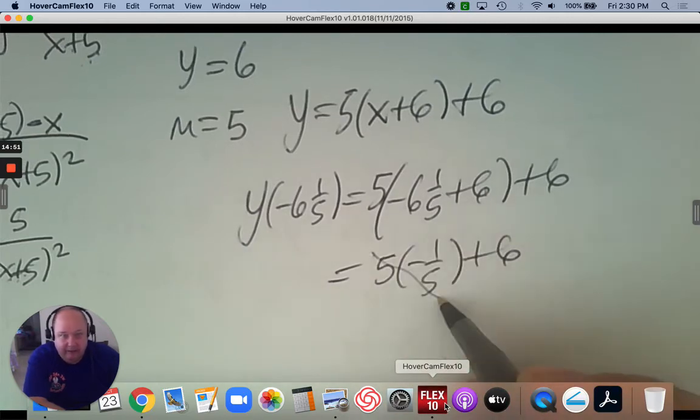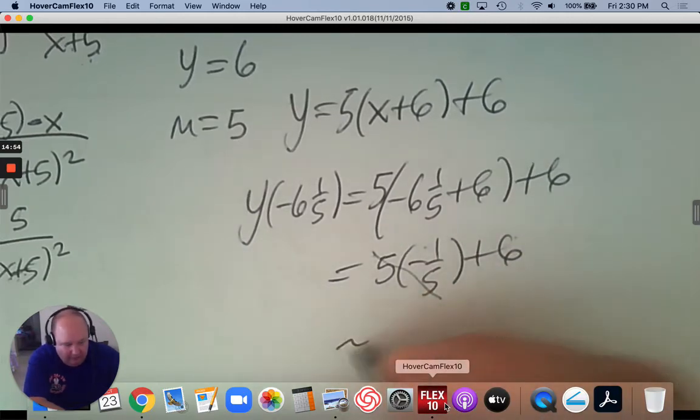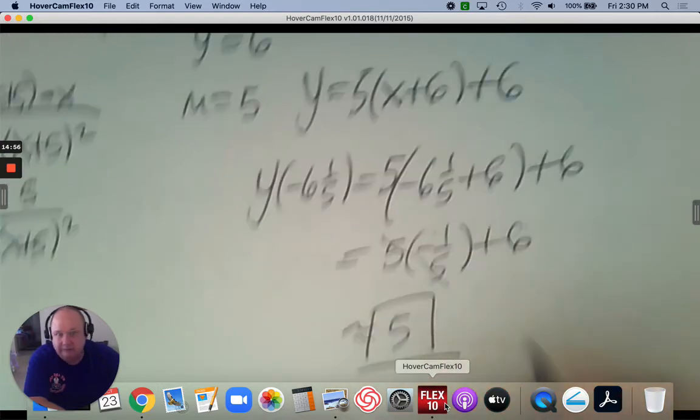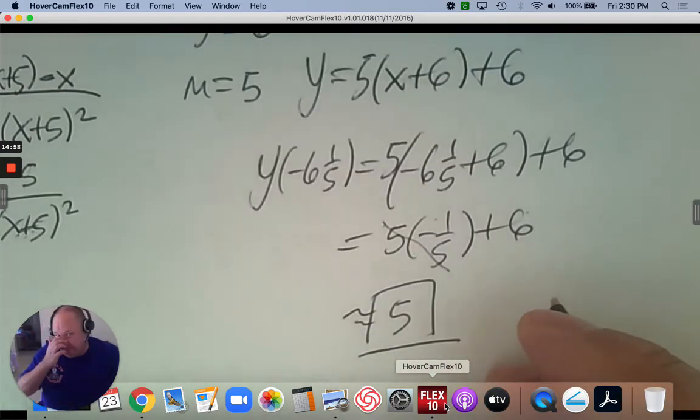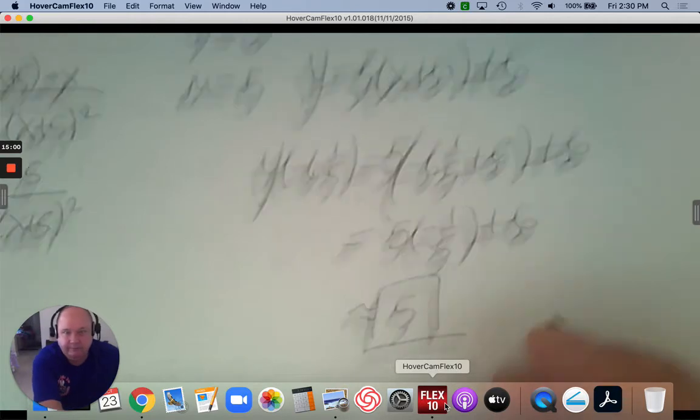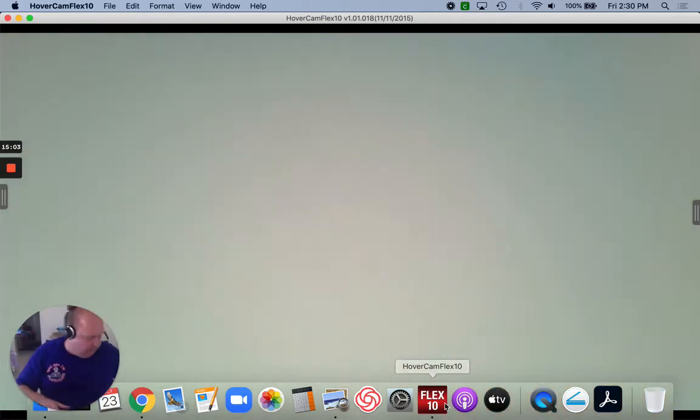The 5's divide out, so -1 plus 6. The approximate answer there is 5. Number 6.